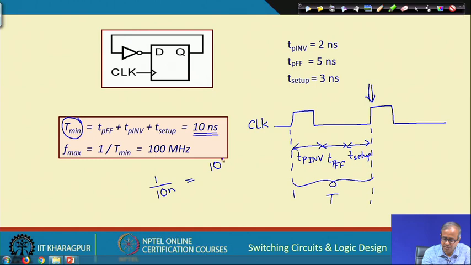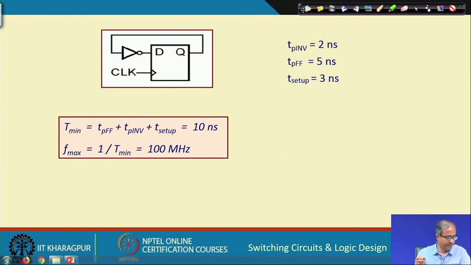So, it is 10 to the power 9 by 10, this is 100 mega, 10 to the power 6 is megahertz, right. Now, let us say suppose we choose a clock with time period 9 nanoseconds.